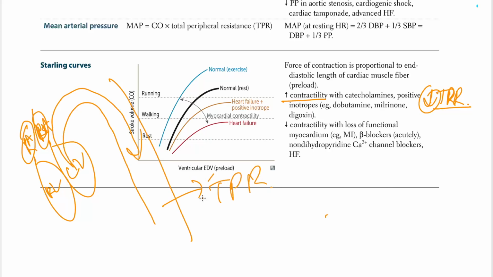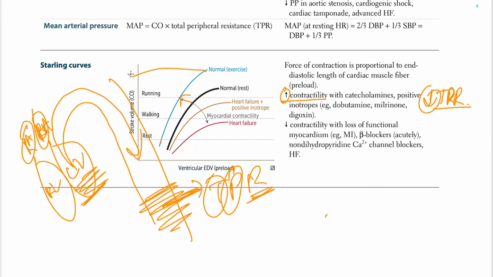As the name suggests, total peripheral resistance, TPR. So either you increase the contractility of the heart, or you decrease the TPR, and you are going to have a curve that shifts to the left, meaning the cardiac output and stroke volume would increase. Normal is here, but it's going to increase.